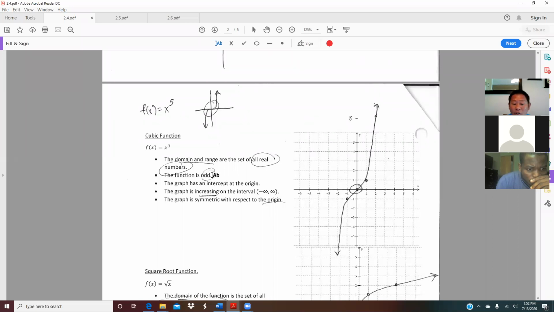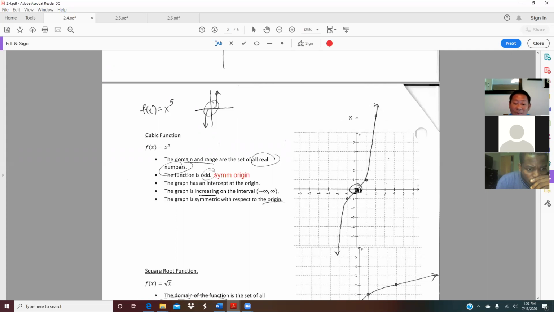It is an odd function. An odd function means that it is symmetrical with respect to the origin. What does it mean to be symmetrical with respect to the origin? If you take this whole function and flip it over the x and the y axis, you get back the same thing. If you flip it over the y axis, it becomes like this, and then when you flip it over the x axis, you get back the same graph.